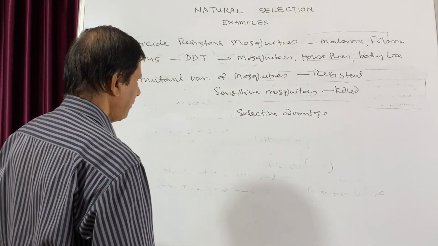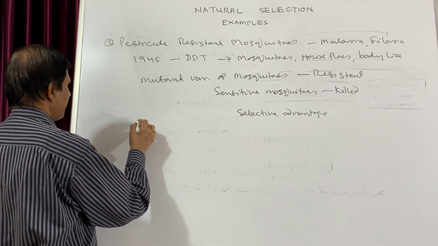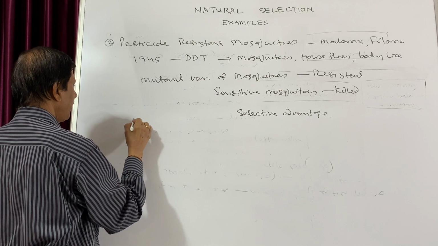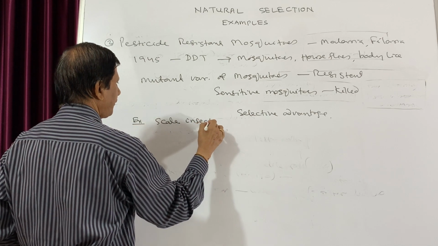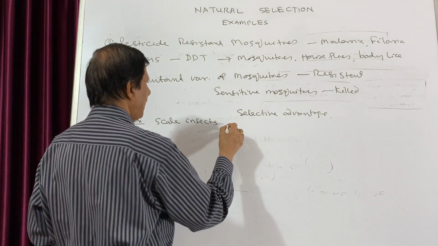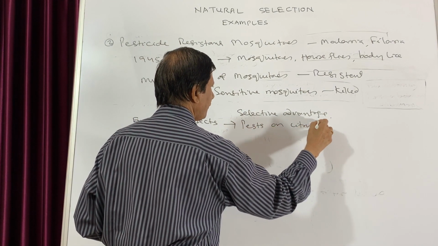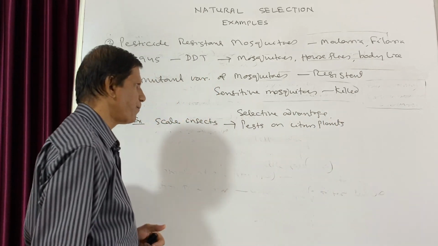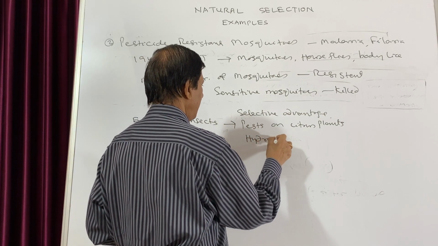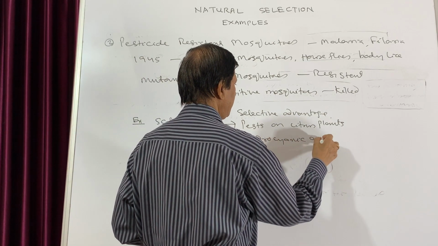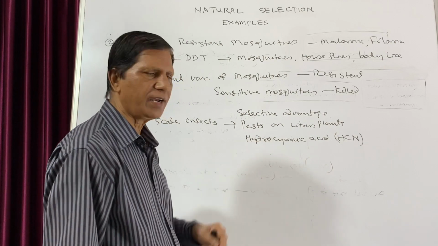Now this same example can also be given in a second case, that is in case of scale insects. For pesticide resistance, I am giving another example, scale insects. The scale insects act as pests on citrus plants, and to kill these pests, usually hydrocyanic acid, HCN, was used. It is a pesticide.